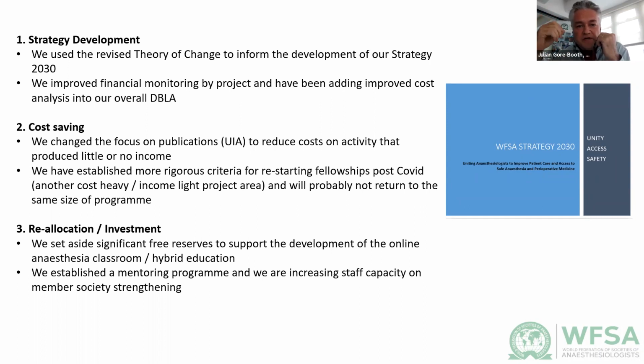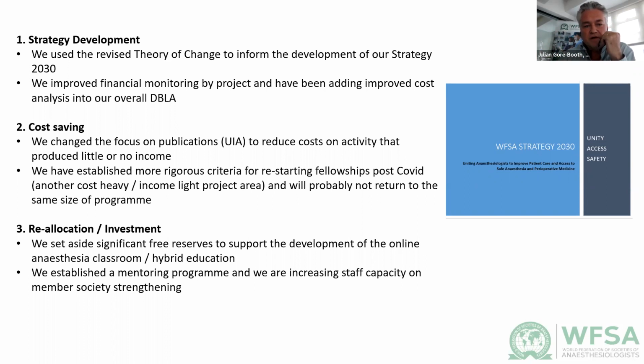And that has to inform the development of our broader strategy, looking all the way through to 2030. And as mentioned, we've definitely improved our financial monitoring by project. And we're now adding that into our overall DBLA. So we're returning to the tool and using it again repeatedly, and keep coming back to it. And I think that's very useful.